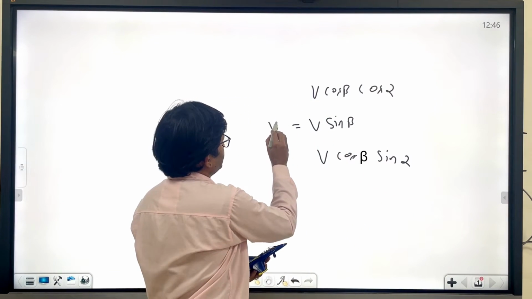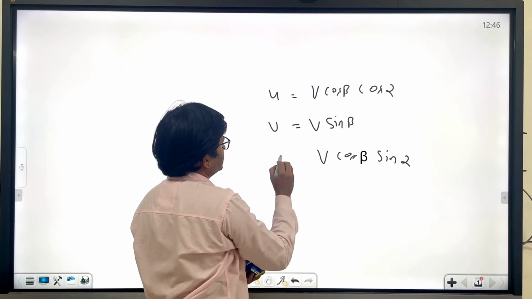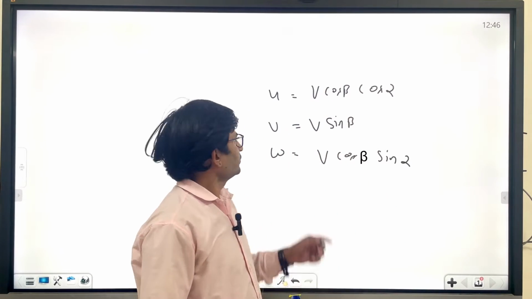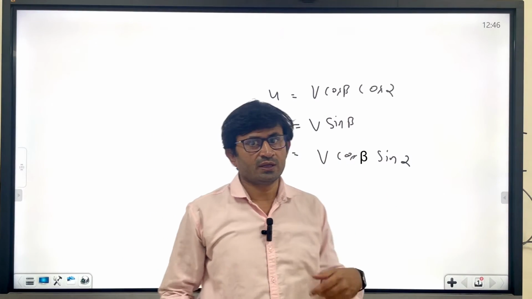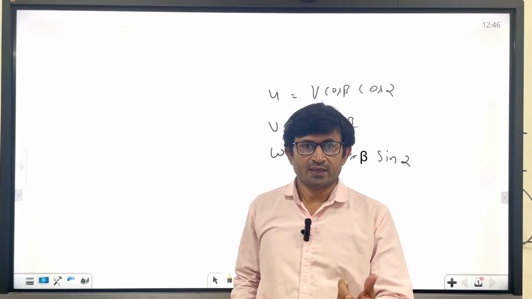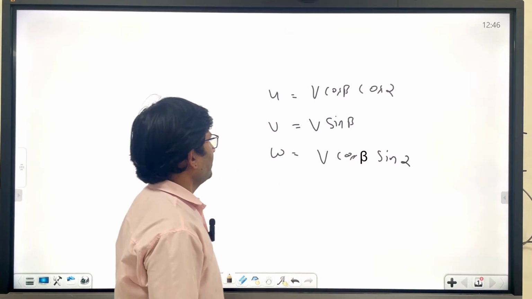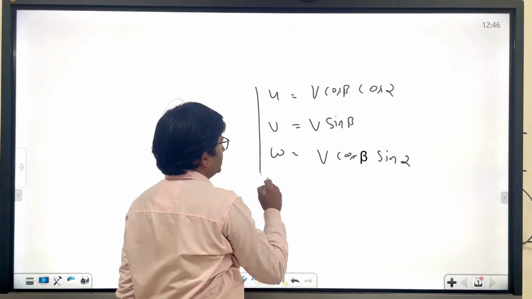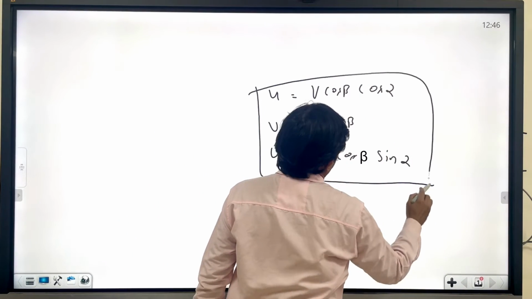Now you can call this v small, this u and this w. So u, v, w is the velocity vector along the x, y and z directions in the body axis. We will use this later in this lecture.